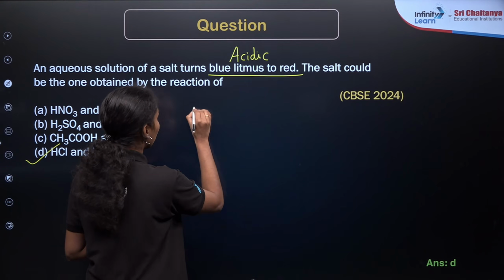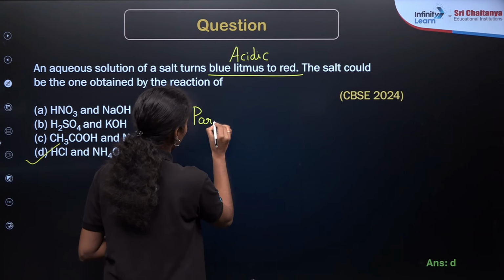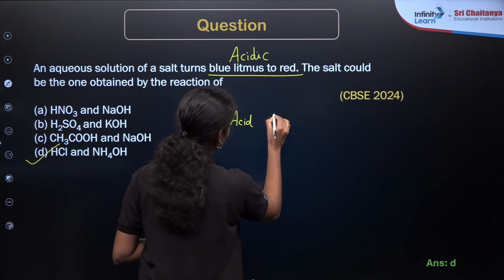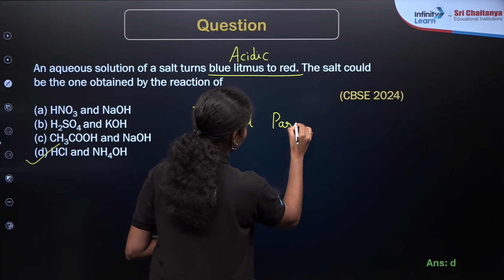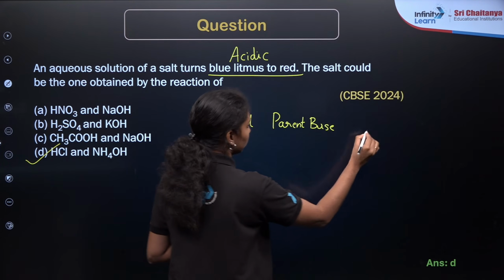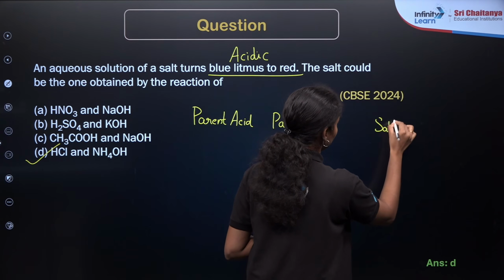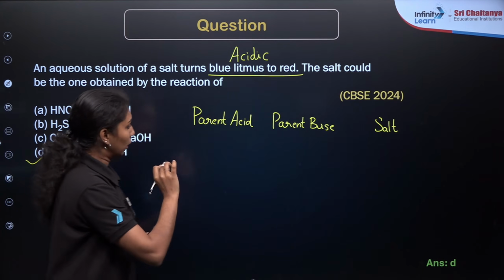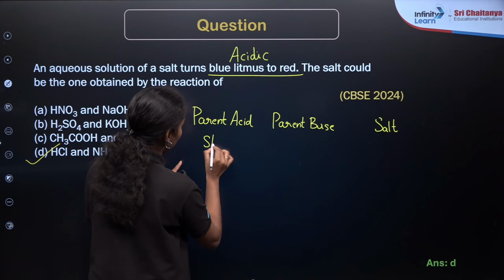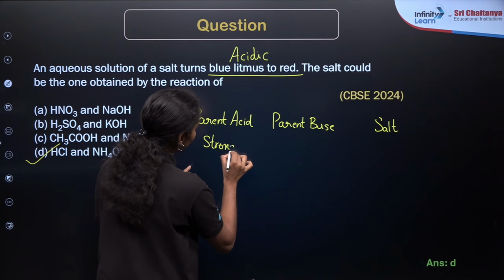In order to find out the parent acid and parent base, there are a few more tricks you need to keep in mind. If the parent acid and parent base are strong, the resulting salt will be neutral.